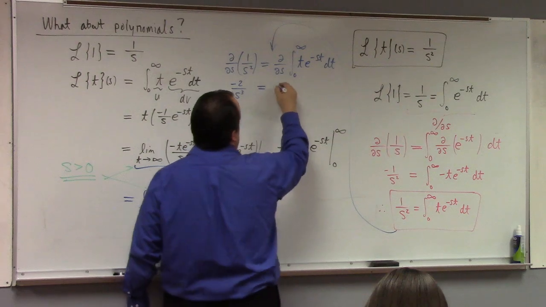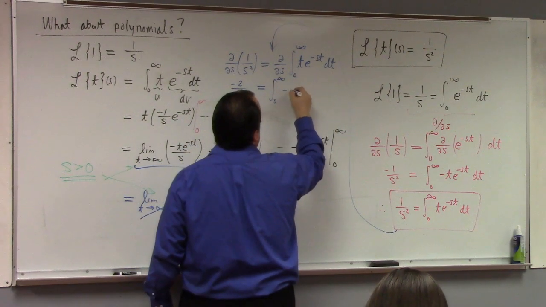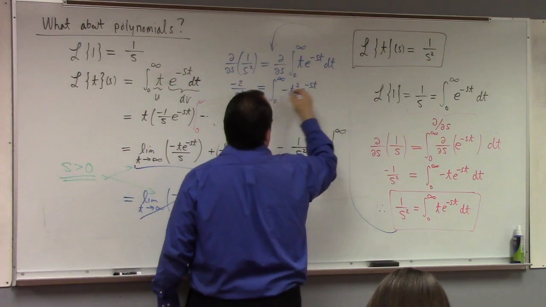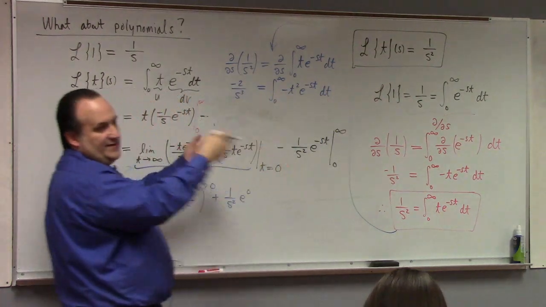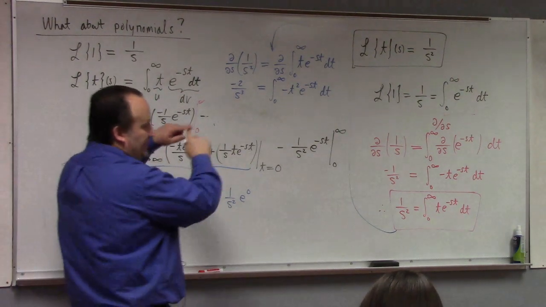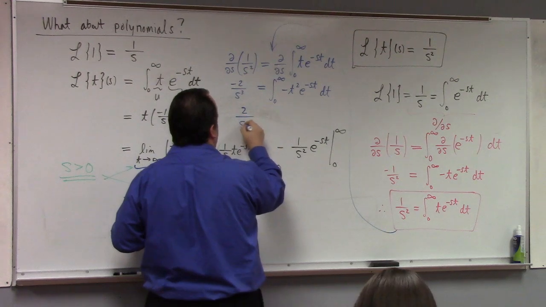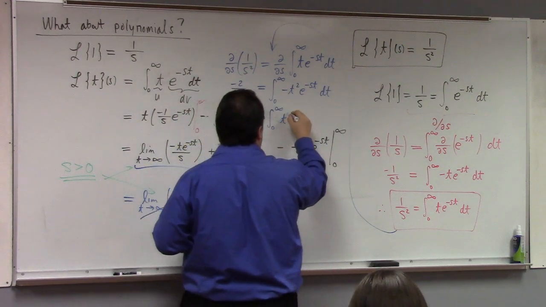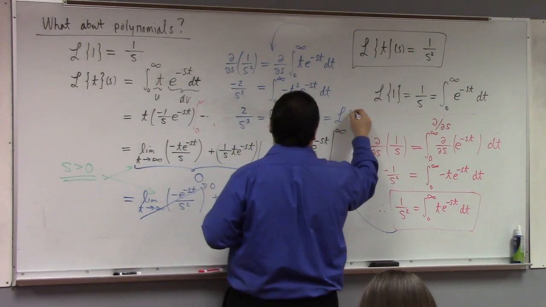And on the other side, we get the integral from 0 to infinity of minus t squared e to the minus st. Notice that the t just slides past the partial s, right? They're independent variables. You get a minus on both sides, so we've got 2 over s cubed is equal to the integral from 0 to infinity of t squared e to the minus st dt. But what is that? Well, that is the Laplace transform of t squared, my friends.